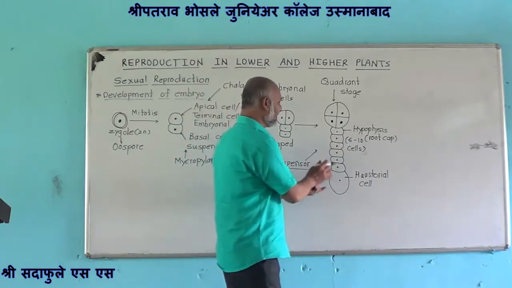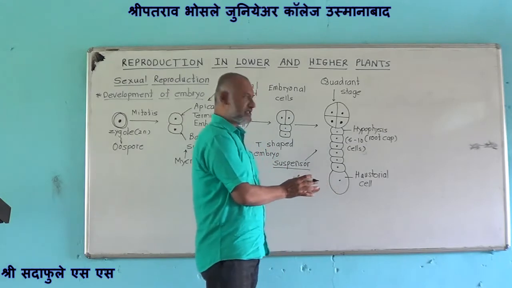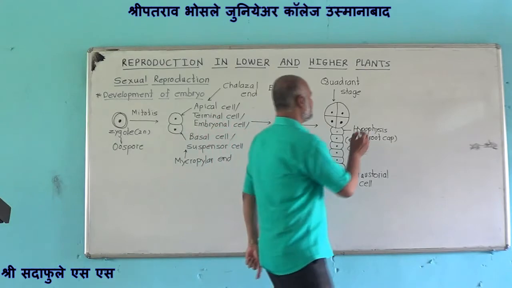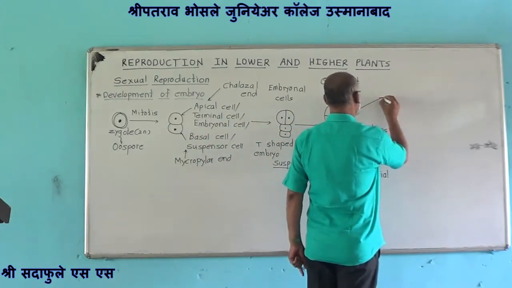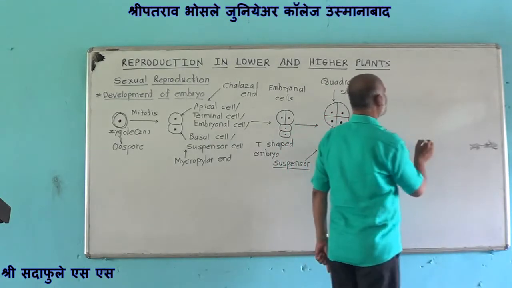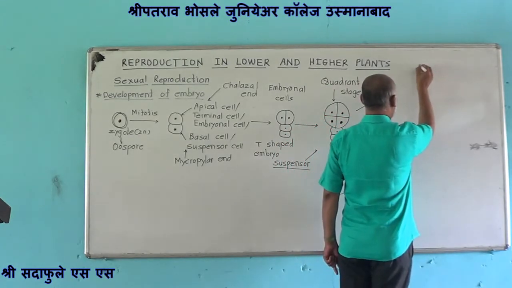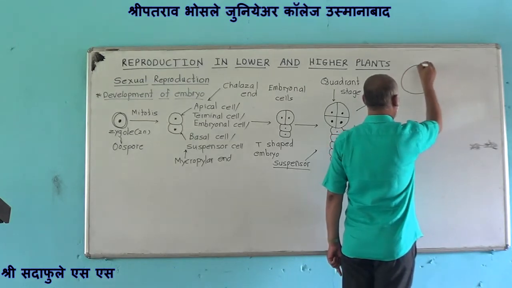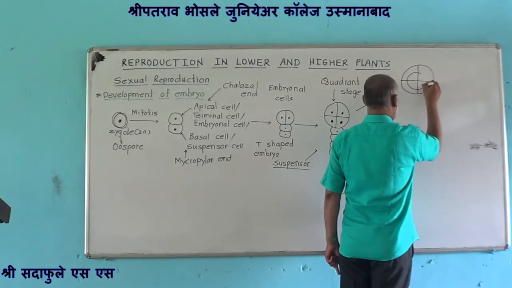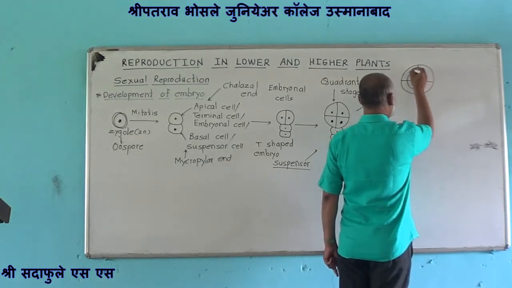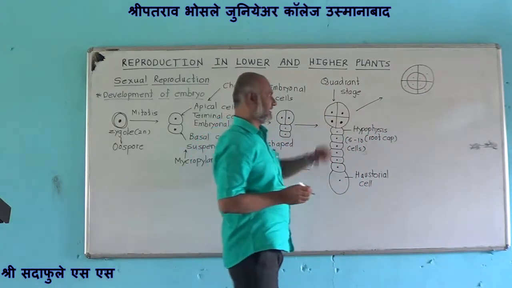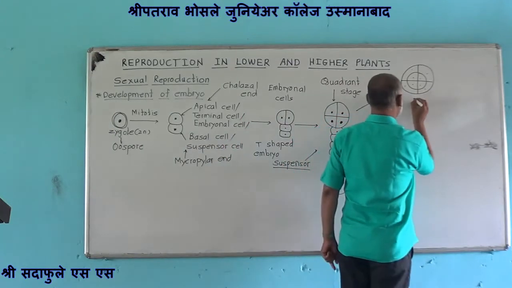Now, this embryo with four cells, these four embryonal cells again divide by mitosis to form eight cells like this. Again, here is the suspensor.